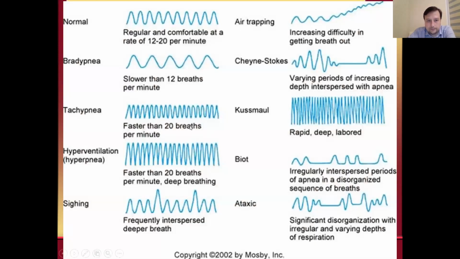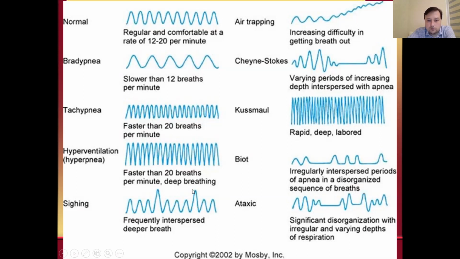If we look at the picture, normal breathing is regular and comfortable at the rate of breath. Bradypnea is slower, but regular. Tachypnea is fast breathing.